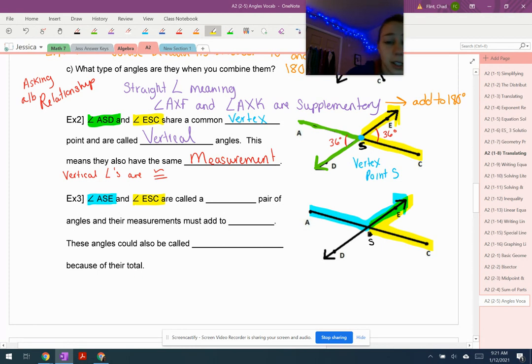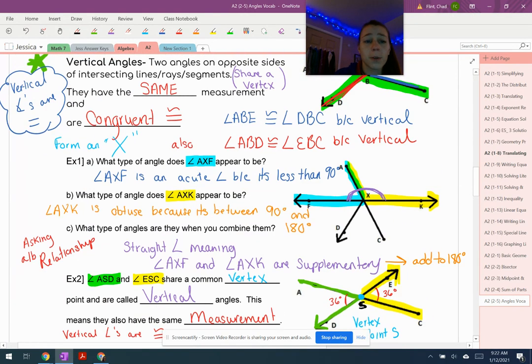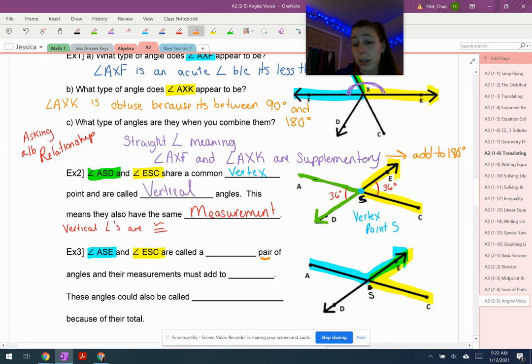Okay, so this is a couple of interesting things here. The key first word that we're noticing is that it says pair. They're called a blank pair. So the relationship between those two, well, they're not vertical like they were in this one. So that means that they have to be adjacent because they share that vertex and they share that side. However, adjacent again isn't an important thing.